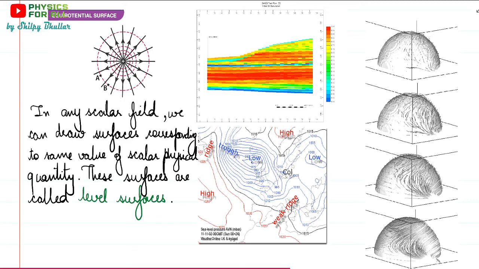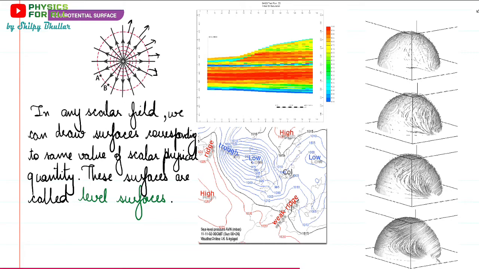So here you can see that this is an equipotential surface. You must have read this in the electric field and charges chapter, that this is a positive charge, and we know that electric field lines emerge out of the positive charge. So we can draw surfaces, and everywhere the value is going to be the same.